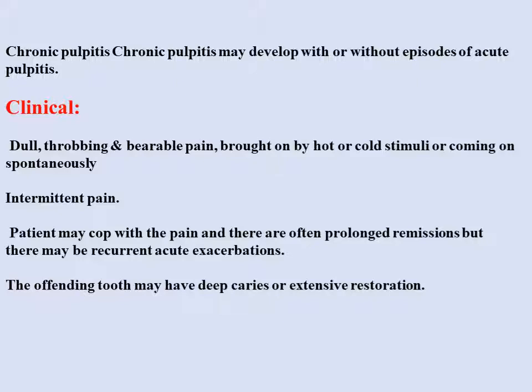The pain is intermittent, unlike pulpitis that has constant, continuous, sharp stabbing pain. The patient may cope with the pain and there are often prolonged remissions, but there may be recurrent or acute exacerbations. The offending tooth may have deep caries or extensive restoration.